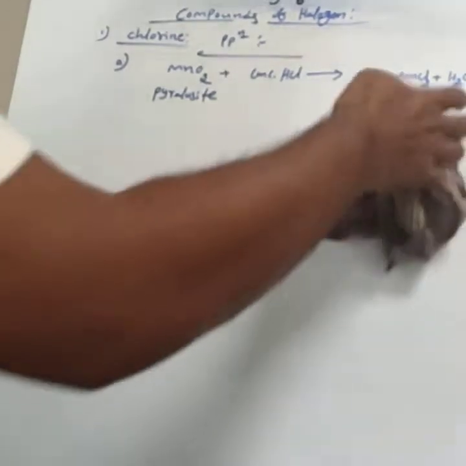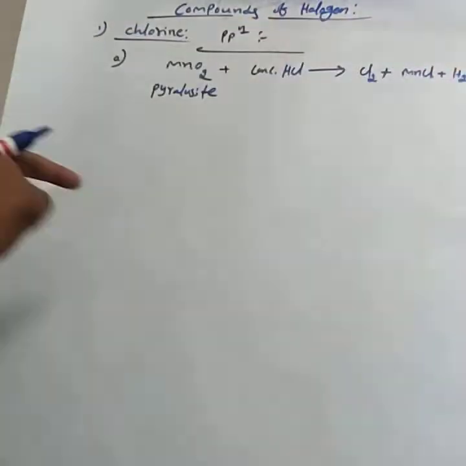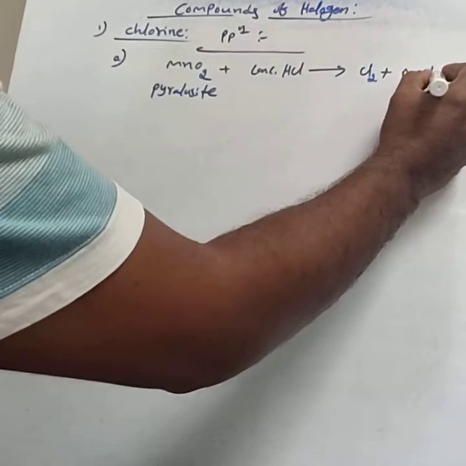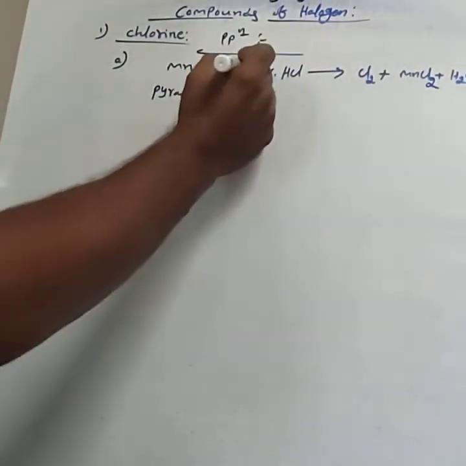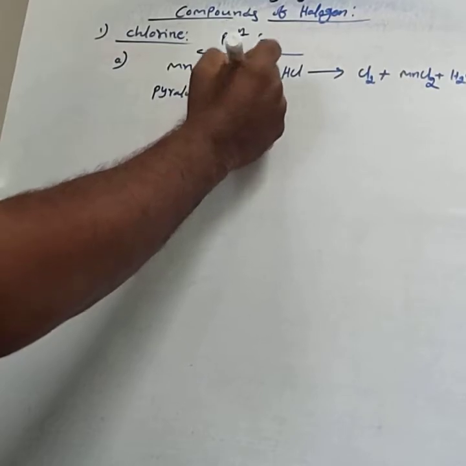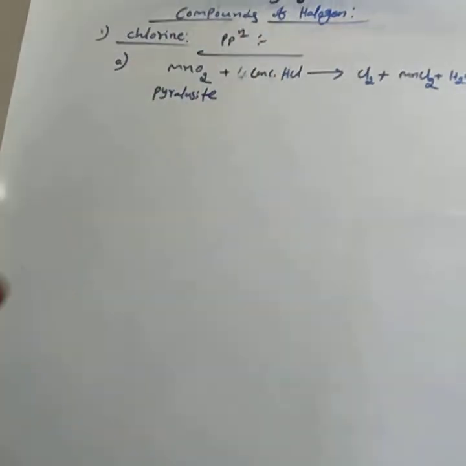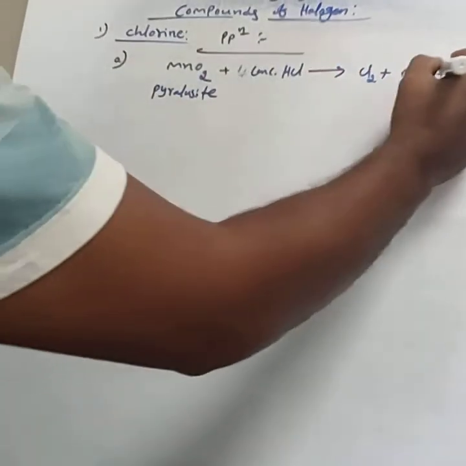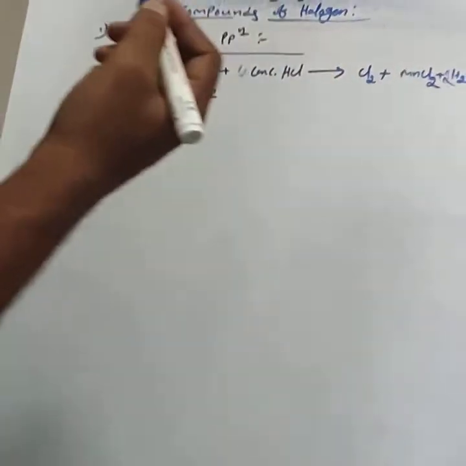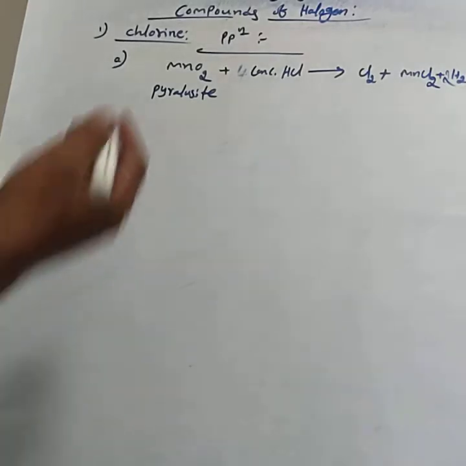These are the important byproducts. You have to balance this reaction: MnO2 plus 4HCl gives Cl2, MnCl2 plus 2H2O. This is about the preparation.